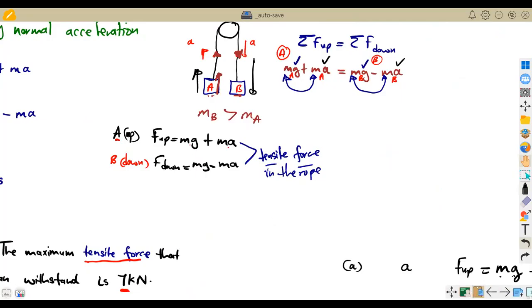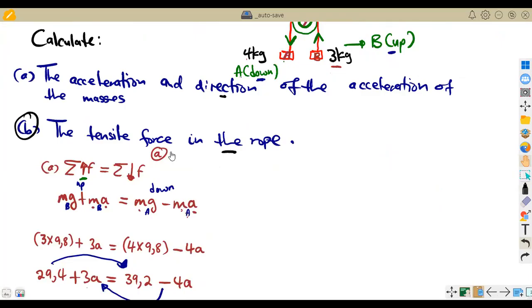You have calculated the acceleration, so now they just want the tensile force in the rope.